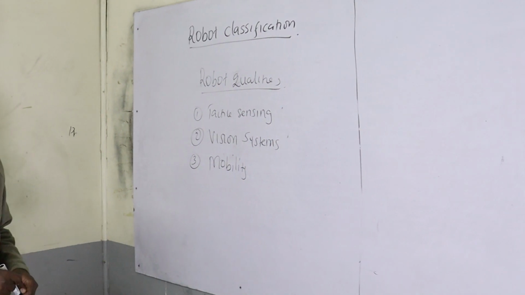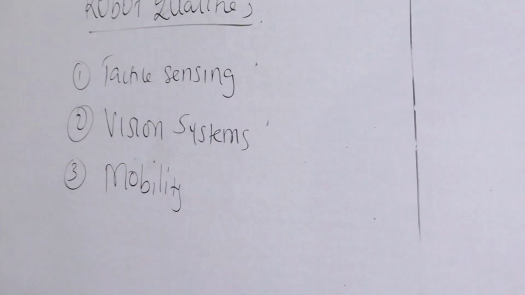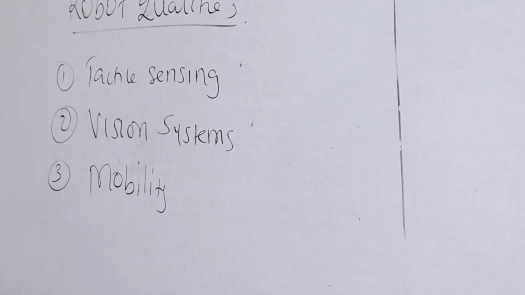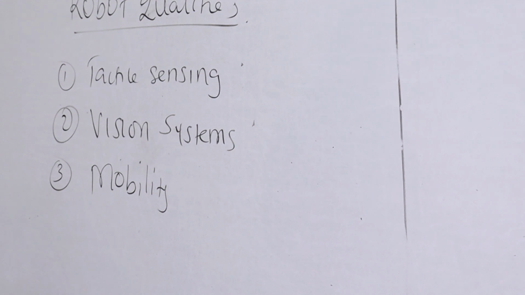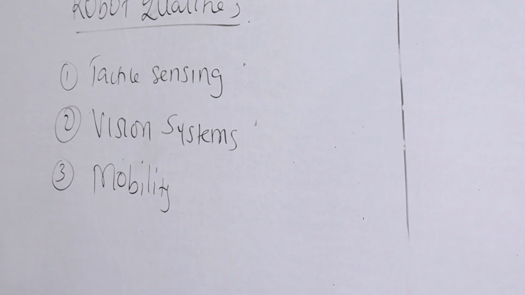There are other important qualities that we can also just mention. We can talk of general purpose hands as a quality. We can also talk about computer interpretation of visual and tactile data as a quality.